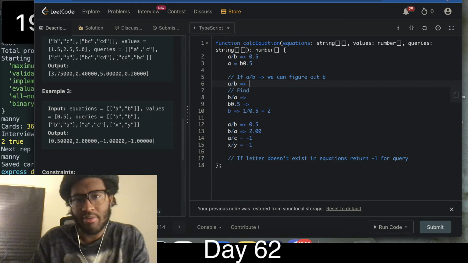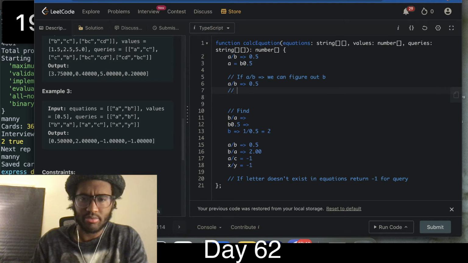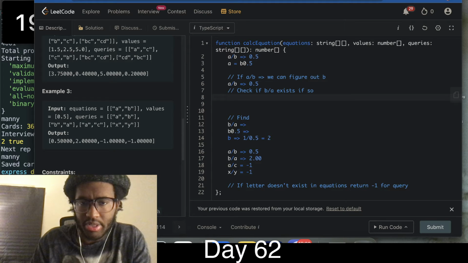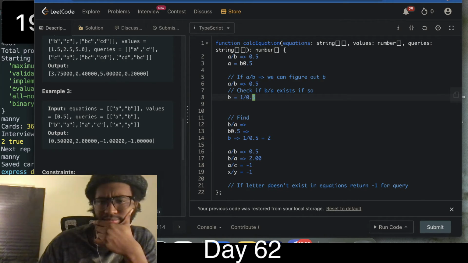You have A divided by B equals 0.5. Check if B over A exists. If so, then we say that B is equal to 1 over 0.5.